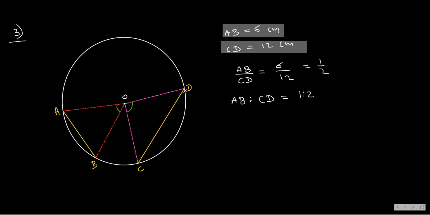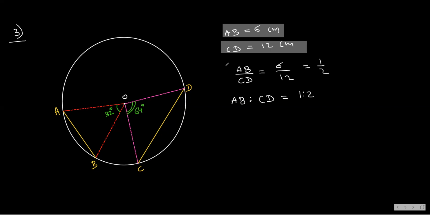Remember, if chord CD is double chord AB, the angle which it subtends at the center of the circle will also be double. What I want to say is, suppose this angle happens to be 32 degrees at the center. If this angle is 32 degrees, then this angle will be 64 degrees. Yes. If CD is double AB, the chord CD is two times chord AB, then the angle subtended by chord CD at the center will also be two times the angle subtended by chord AB at the center.